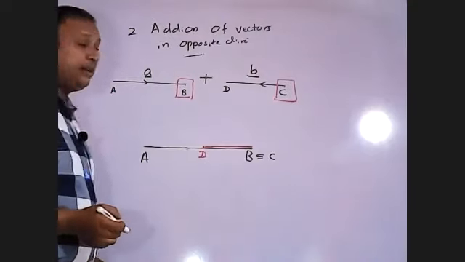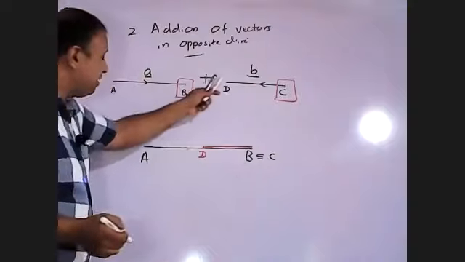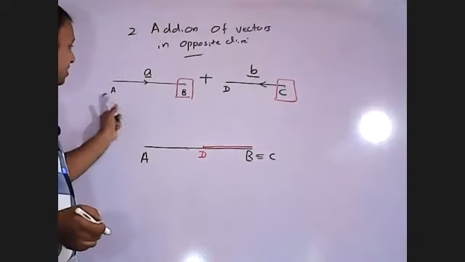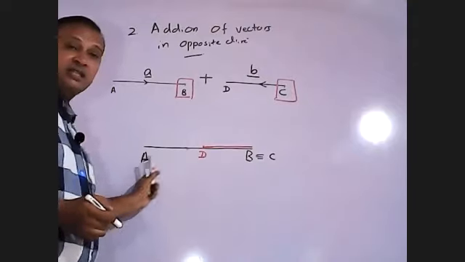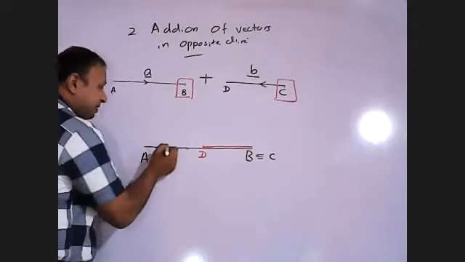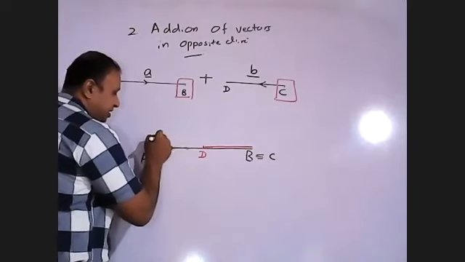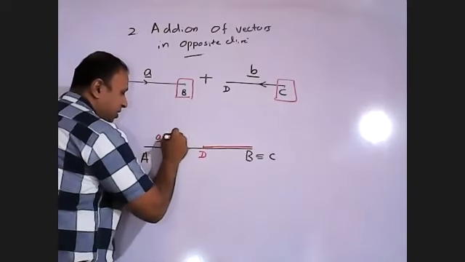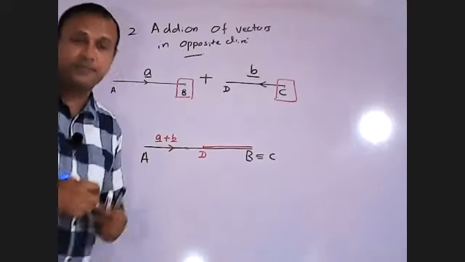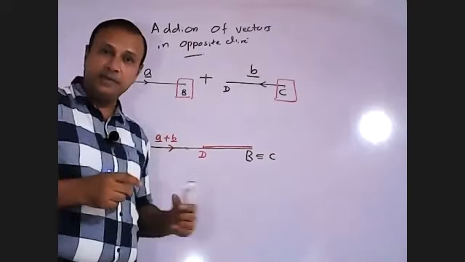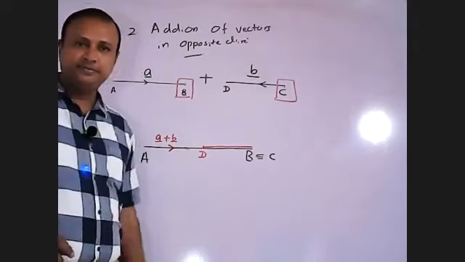So what is the addition of A and B? The addition of A and B is equal to the AD vector. That means this vector is equal to the addition of A and B. Did you get my point, everyone?